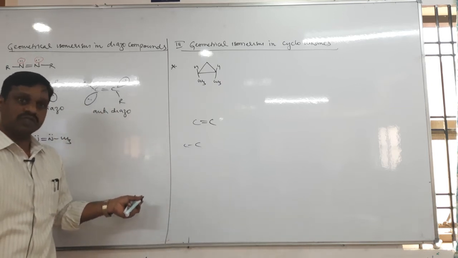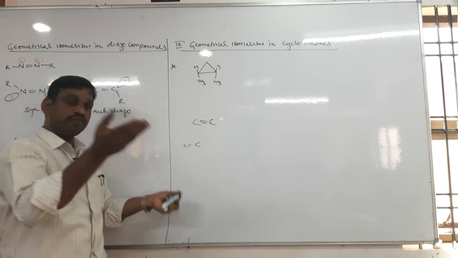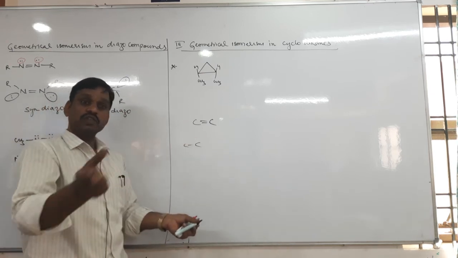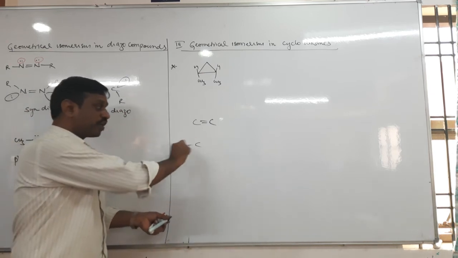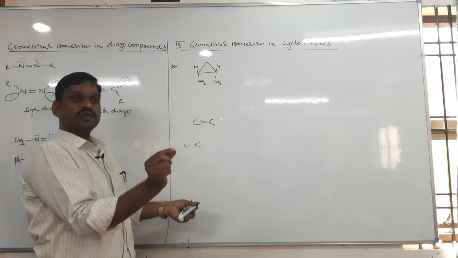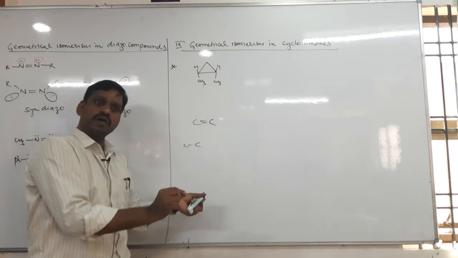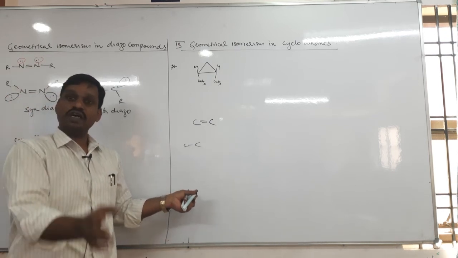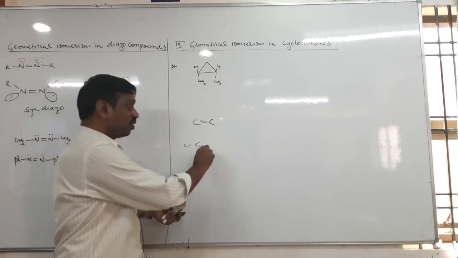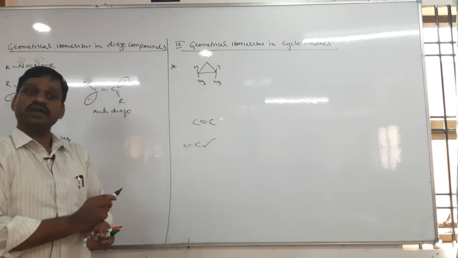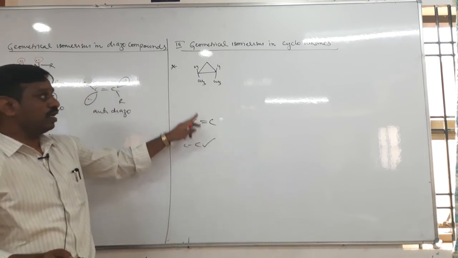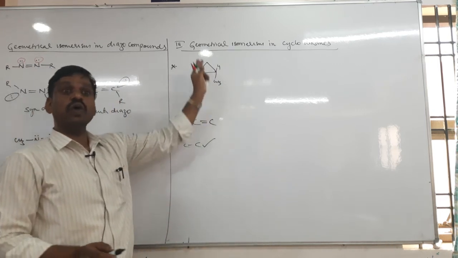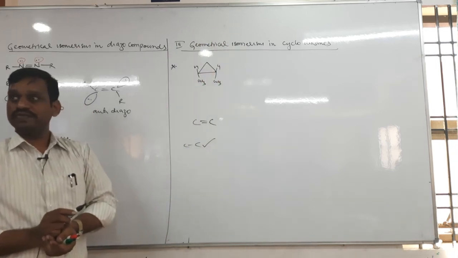Conformational isomers. The definition of conformational isomerism is that only the isomers which are formed by rotation of a carbon-carbon single bond. By rotating a carbon-carbon single bond, you will get many isomers. All those isomers are called conformational isomers. That is possible in a carbon-carbon single bond. Carbon-carbon double bond not possible. Carbon-carbon single bond in cycloalkane also not possible.